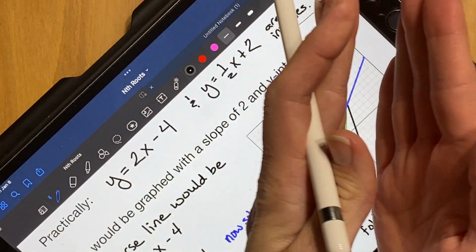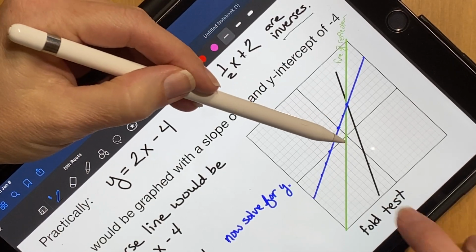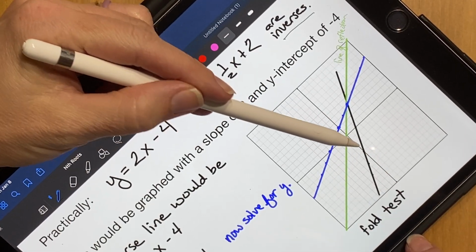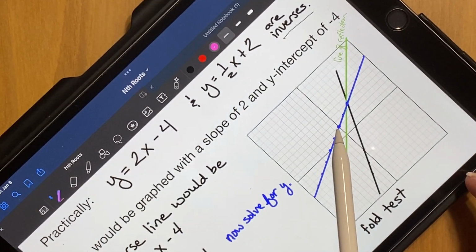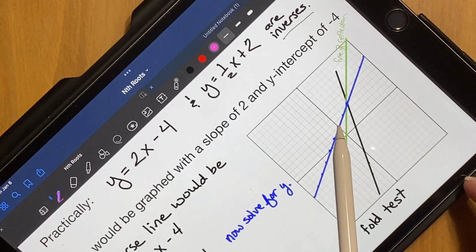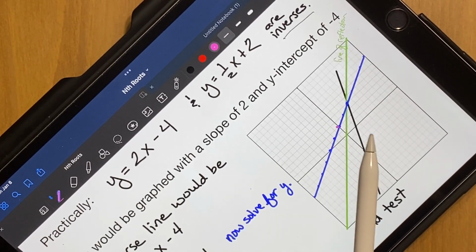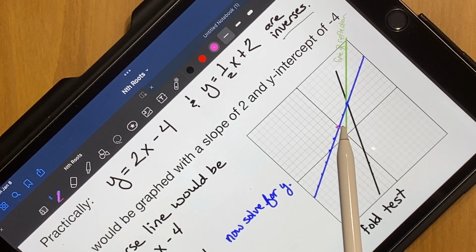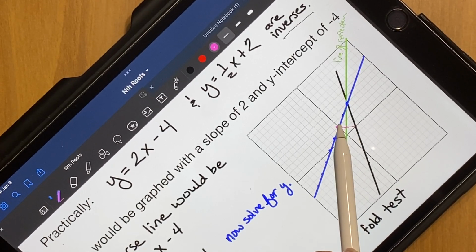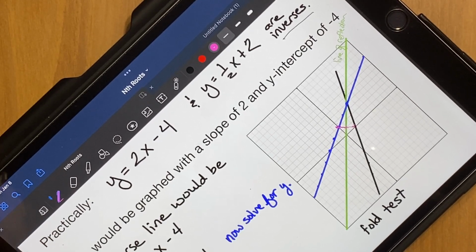Because we get caught up with our y-intercepts being in different places, I look across from my point to my line, and I go across one diamond. And then from my line of reflection to the graph, I go across one diamond. So these two are the same distance from the line of reflection.